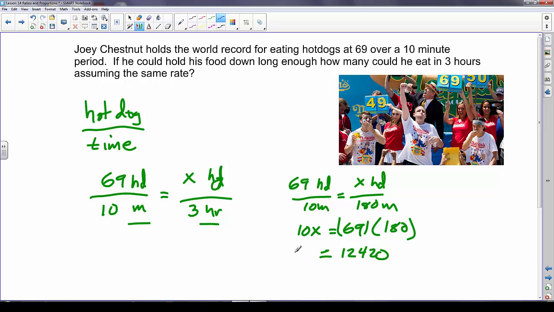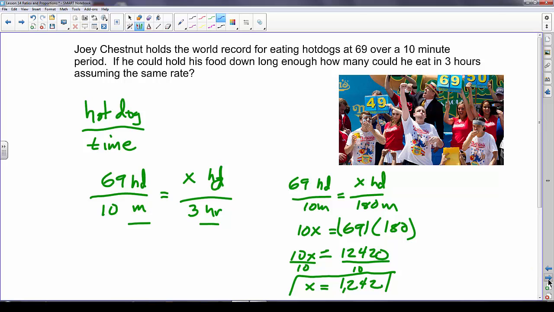And that's going to be equal to 10x. And if I divide both sides by 10, that would mean if he ate at that rate, he could eat 1,242 hot dogs. Totally impossible, but that's actually kind of disgusting how much stuff he's throwing in his mouth.